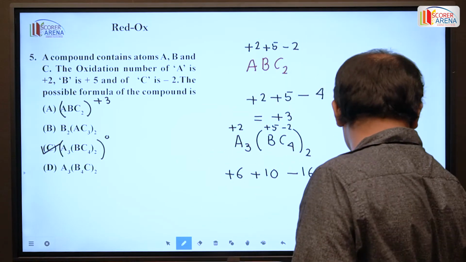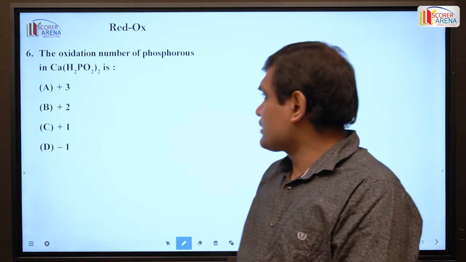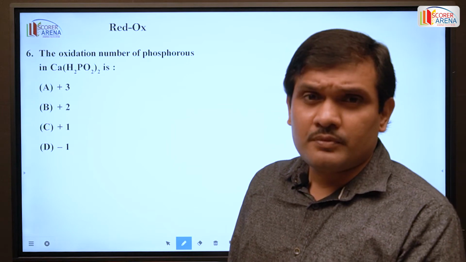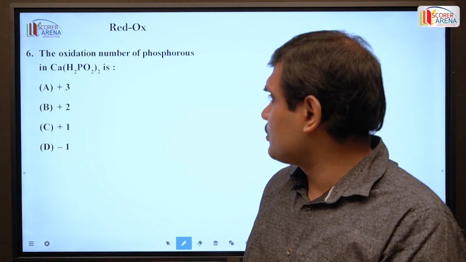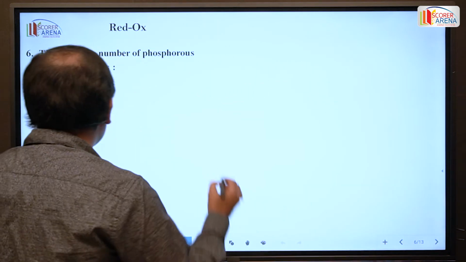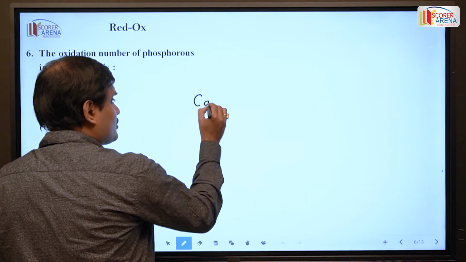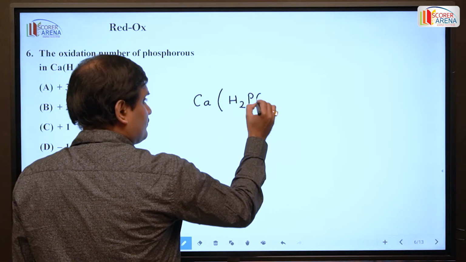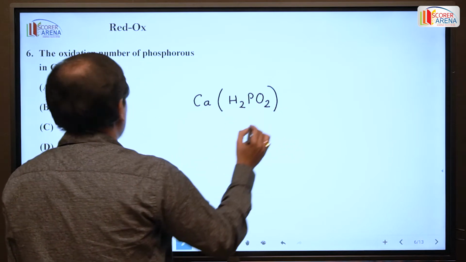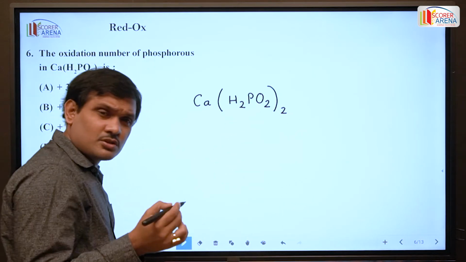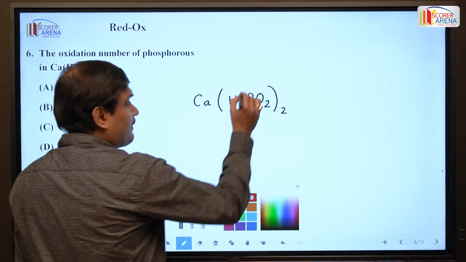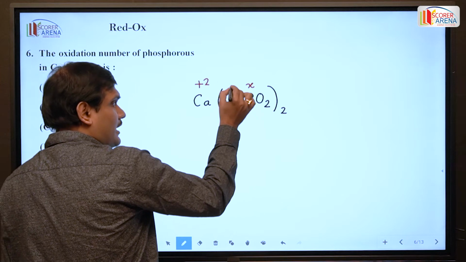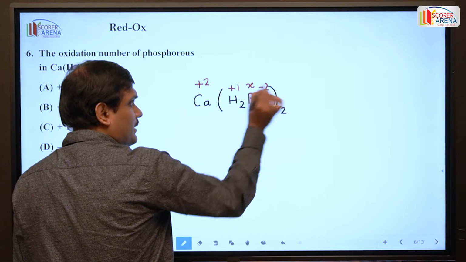Let us move to our next question. It is the oxidation number of phosphorus in Ca(H2PO2) whole 2. Again the concept will be, I am placing the value of phosphorus as X, calcium is a group 2 metal, hydrogen is plus 1, oxygen will be minus 2.